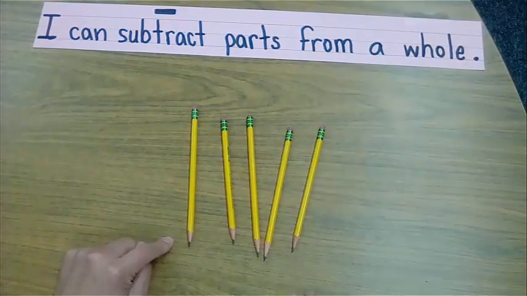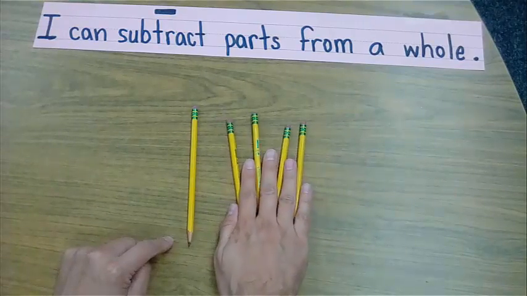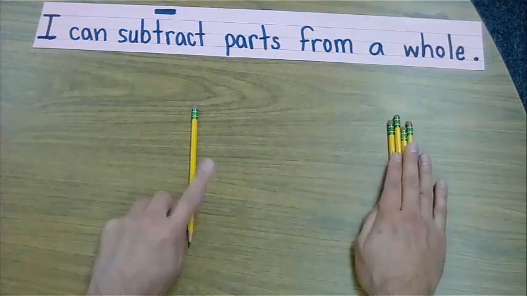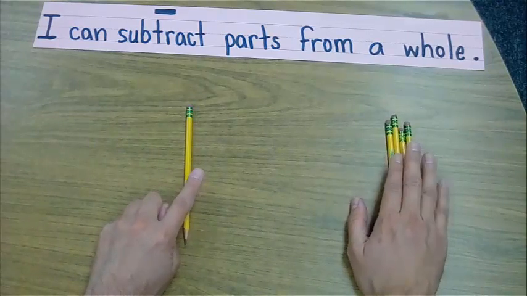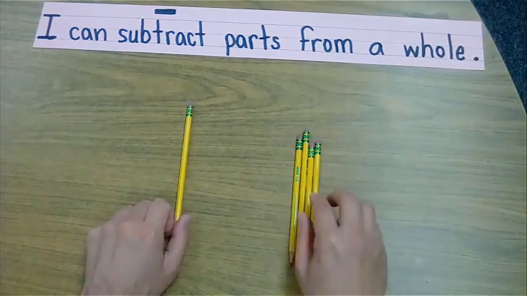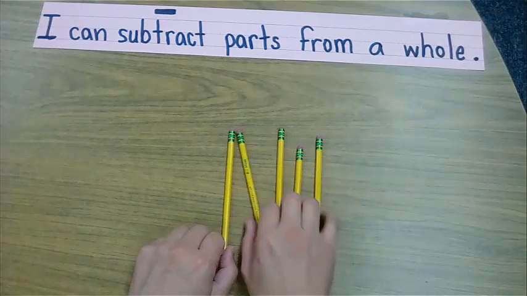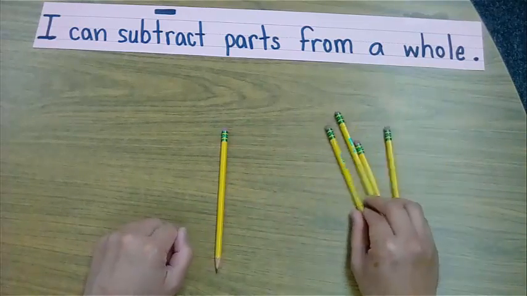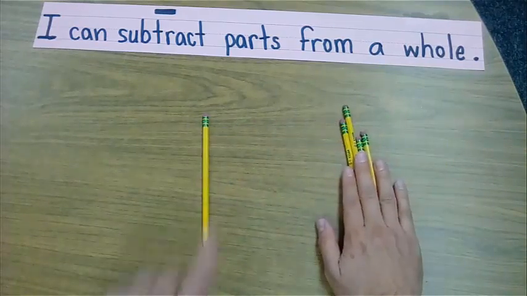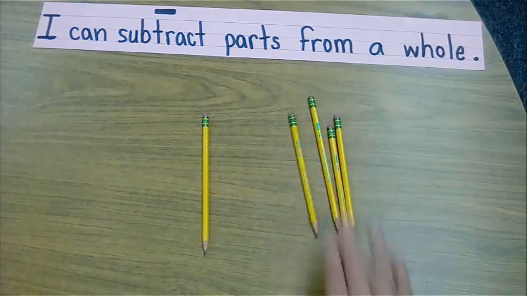And then the 2 parts were the part that I gave you, 4, and the part that I had left for me, which is 1. So that means that if I have 5 pencils and I take away 4 pencils because I gave those to you, it means I only have 1 pencil left.